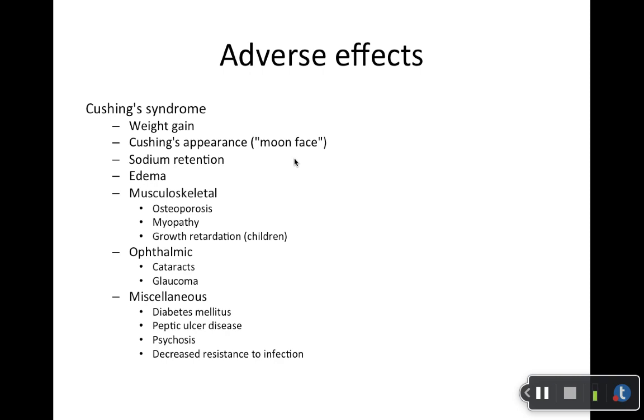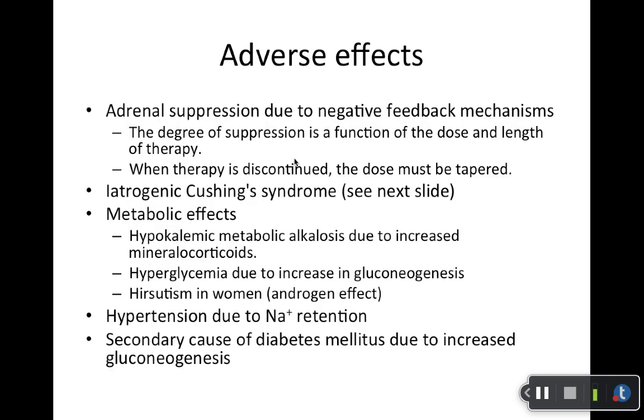This is something else you'd be concerned with when prescribing steroids. Again, it's usually higher doses, longer term, and it's inevitable. If a person needs to be on high-dose long-term steroids, they will develop Cushing syndrome. That is something you need to be mindful of.